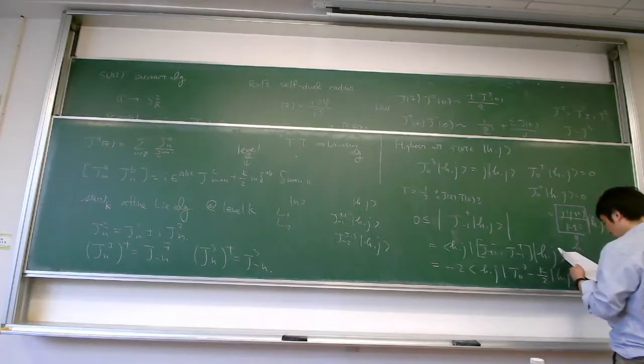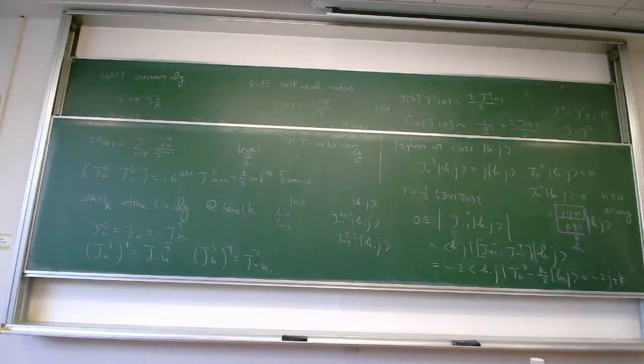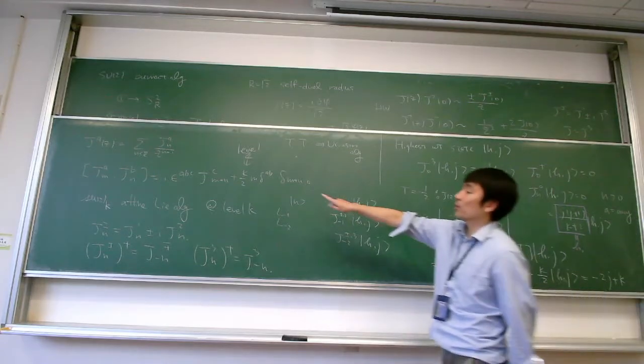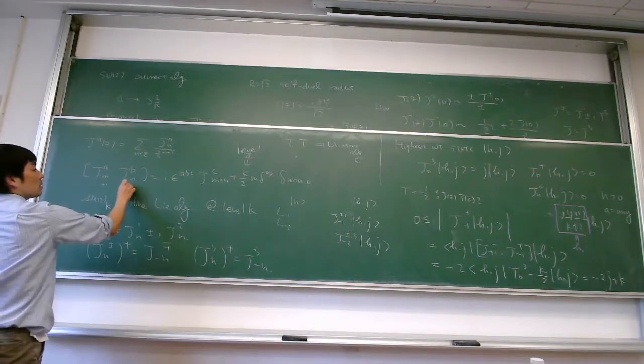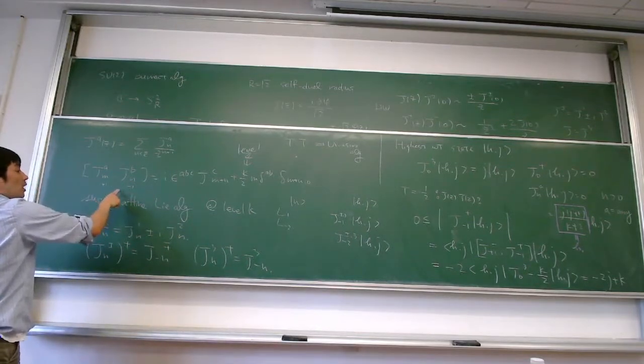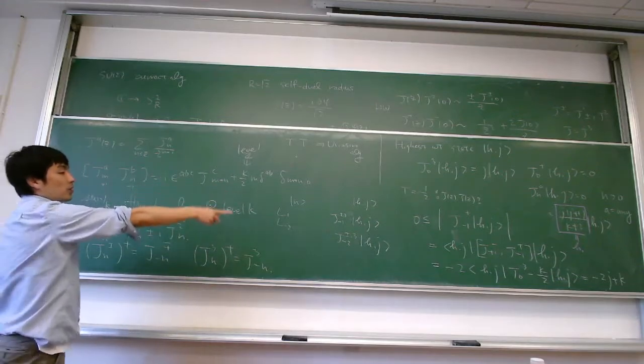And then this is minus 2j plus k. So if you do the commutation relation, you get the J03 minus k over 2 coming from here. You just plug in plus 1 and minus 1, and then you get this relation.